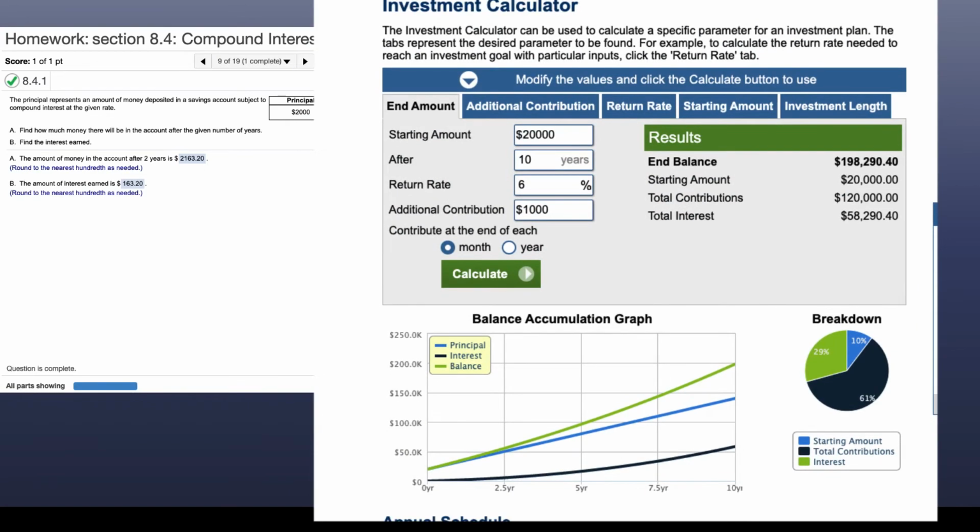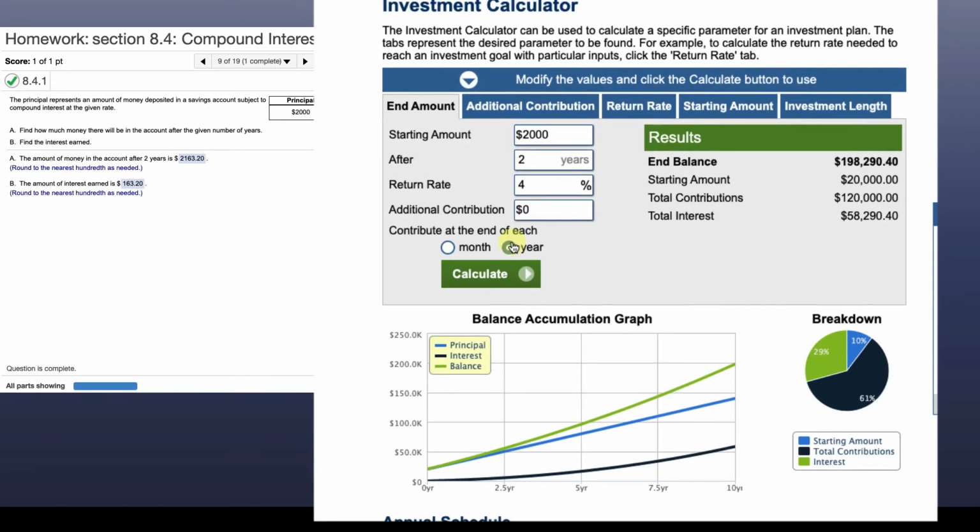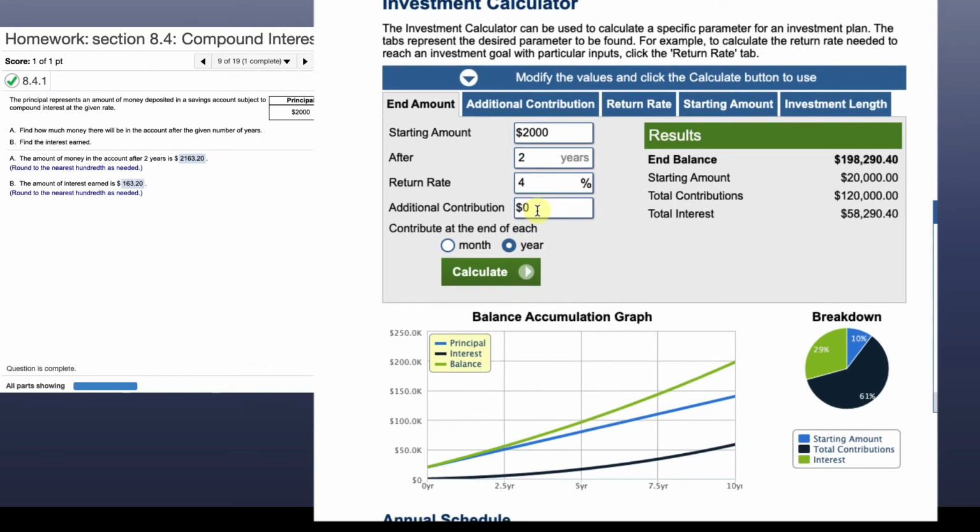All right, so what are we starting with? We're starting with $2,000, 2 years, 4%, pretty basic. No additional contributions. Contribute at the end of each year. We're making 0 contributions, but this also tells us how often to compound it, because your payments and your compounding should always match.